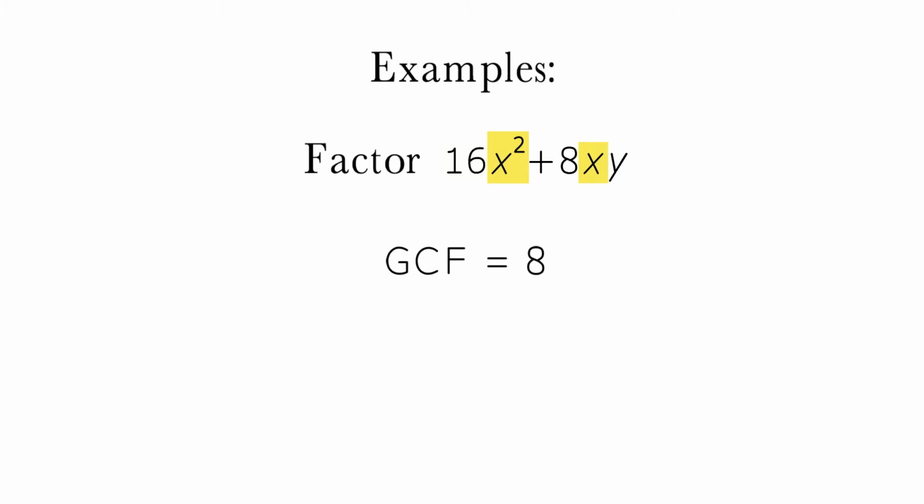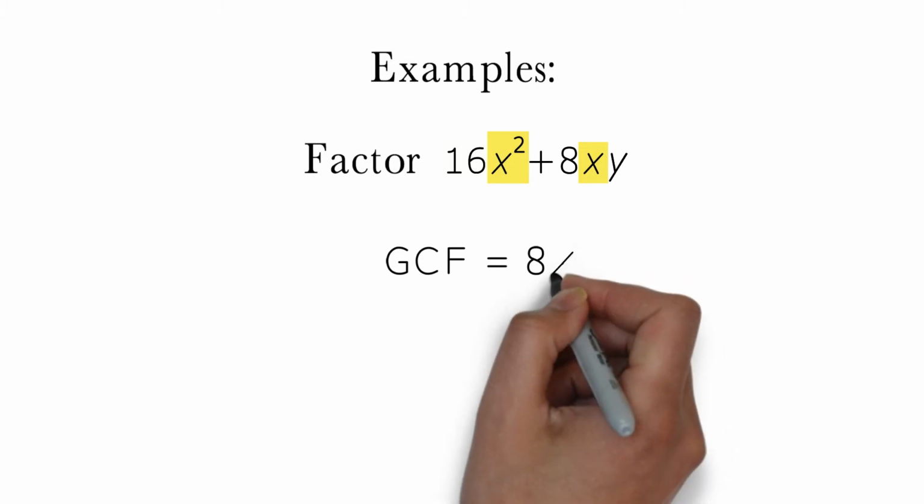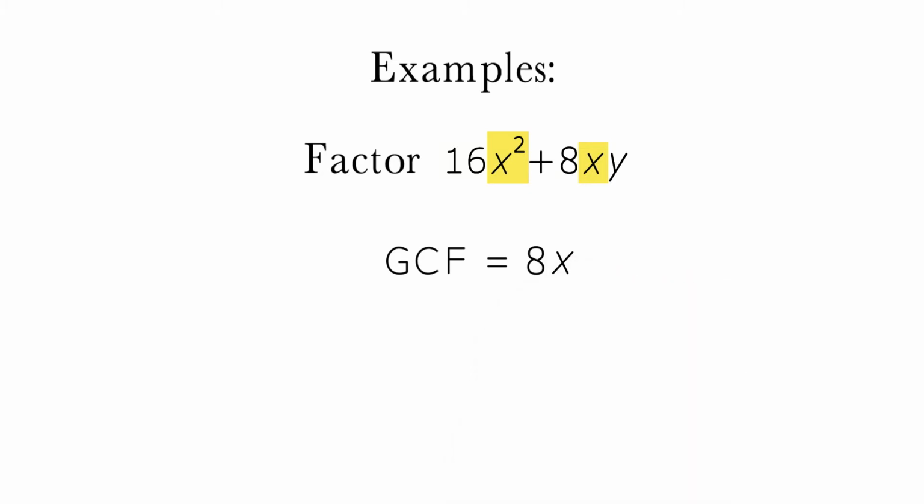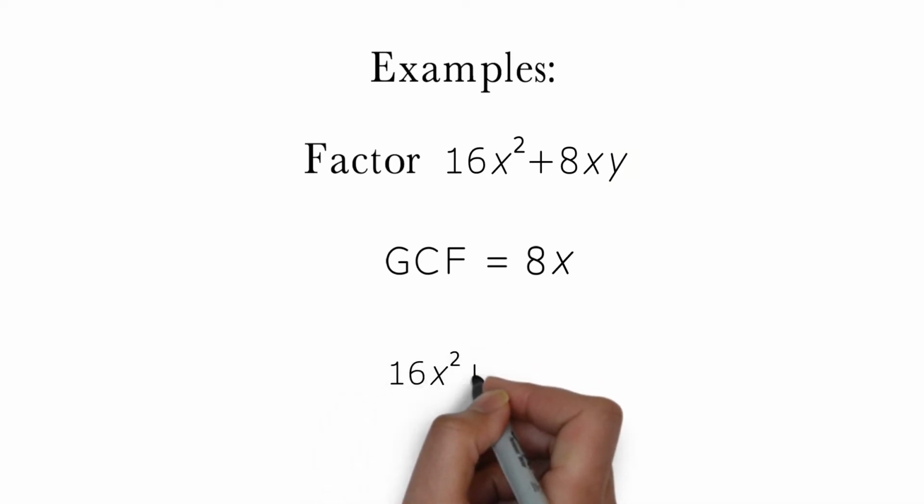The first term has an x squared and the second term has an x. Each term contains at least 1 factor of x, so our greatest common factor will also contain a factor of x. Finally, we see that only the second term contains any factors of y, thus the greatest common factor is 8x.